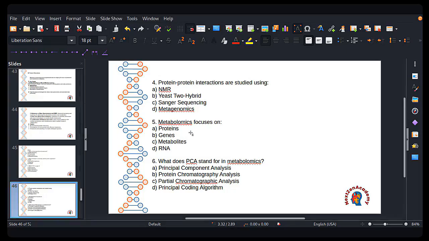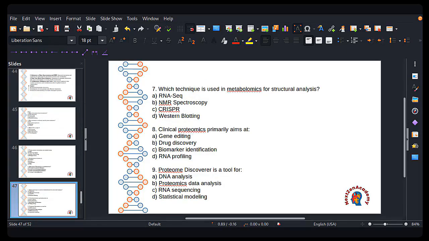Now, question number 7. Which technique is used in metabolomics for structural analysis?